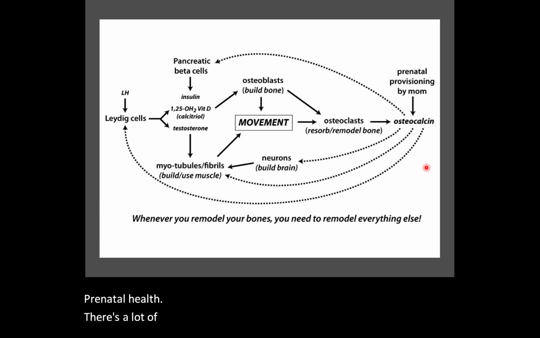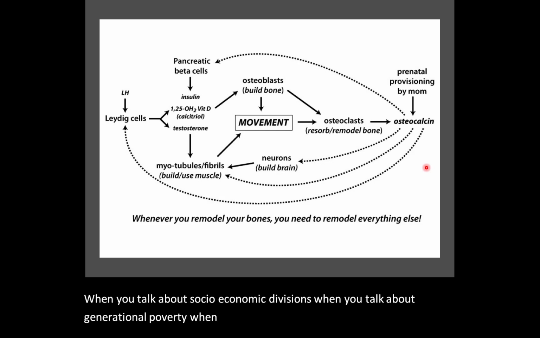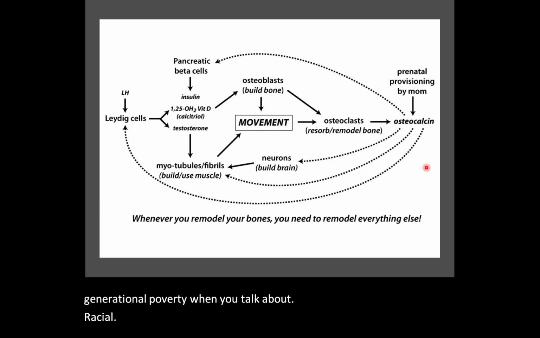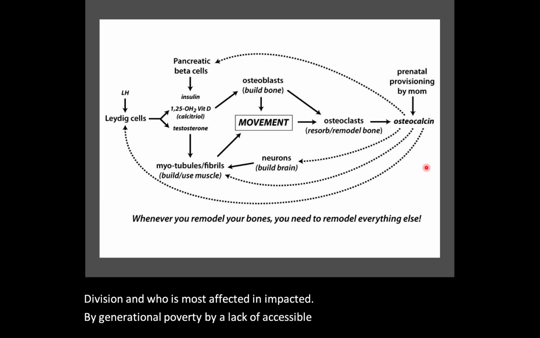There's a lot of talk about our healthcare system. When you think about access to prenatal health care in America, when you talk about accessibility to see a doctor, when you talk about socioeconomic divisions, when you talk about generational poverty, when you talk about racial division, and who is most affected and impacted by generational poverty, by a lack of accessible health care, by the lack of health insurance.